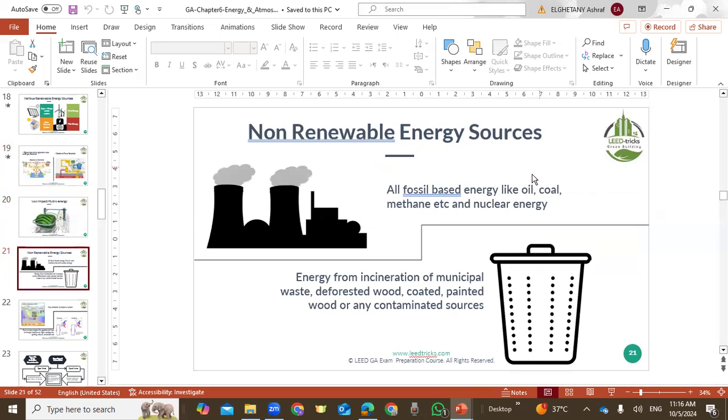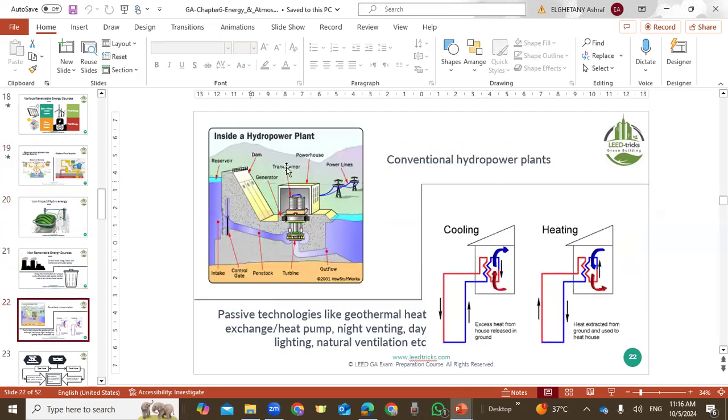Then hydropower. How does this dam work? It works based on a turbine, generator, and transformer.